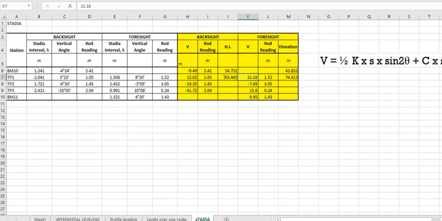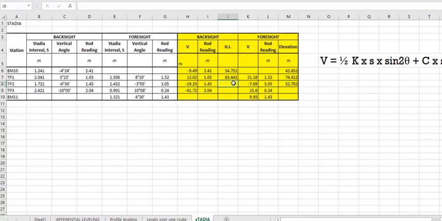Then minus 7.69 minus 3.05, so that is 52.702.